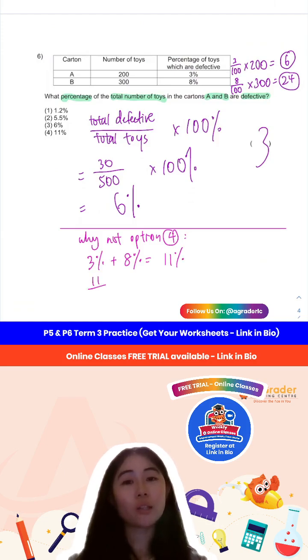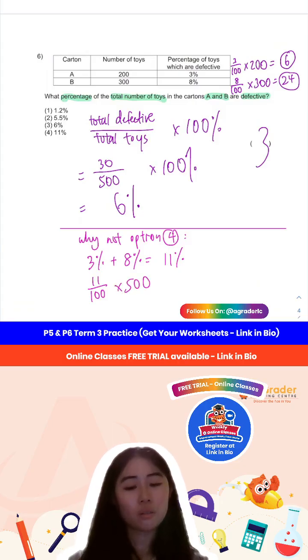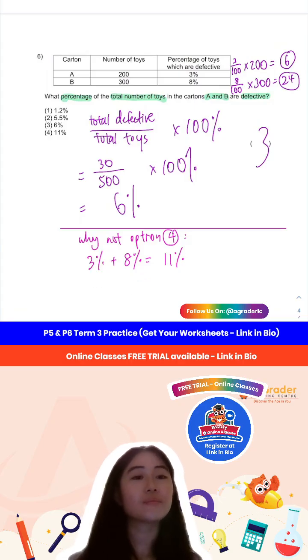Then you use 11% and then you go and times 500 toys. Wait, do you do that? Oh no, if you get option 4, you simply added the percentage. Is that it? Is that how you get option 4, some of you? Oh, okay.